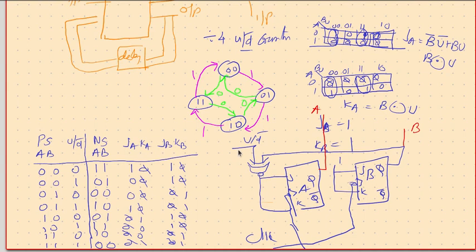If the control input is high, this is going to make a clockwise movement. That means it keeps doing an up count, 00, 01, 10, 11. If the control is low, then it makes anti-clockwise movement, and it makes 00, 11, 10, 01. So it makes a down count.